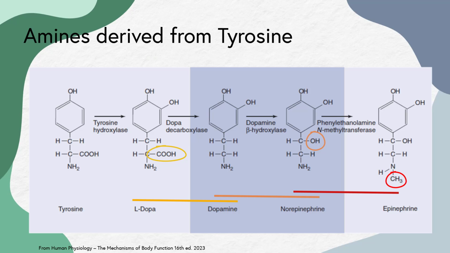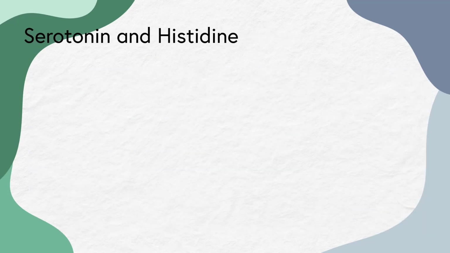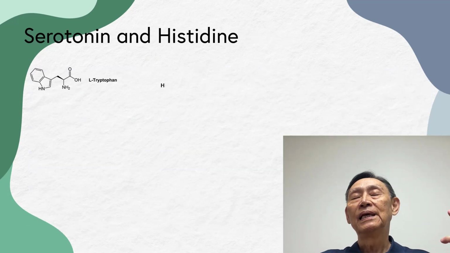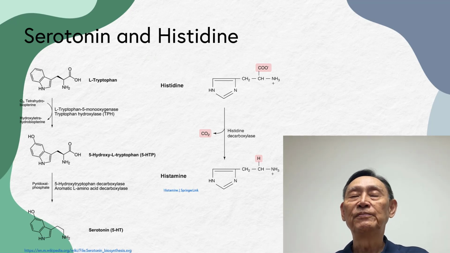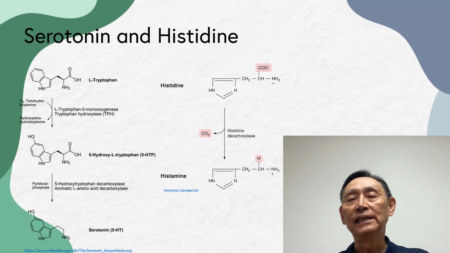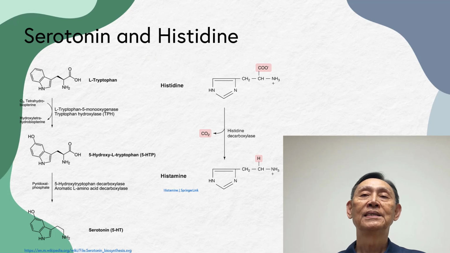So they are all very similar. Which neuron releases which chemical as its major neurotransmitter depends on the expression and the abundance of the enzymes. And actually, the same thing can be said about serotonin and histamine. Tryptophan becomes hydroxytryptophan and then hydroxytryptamine. That's serotonin. Same for histamine.